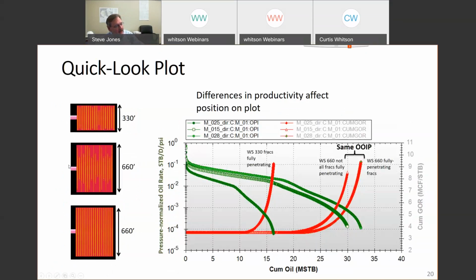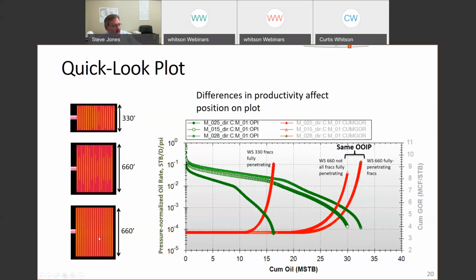So in these diagrams, you can see the well bore coming into the one stage I'm simulating. And then I have limited the well bore to halfway between wells. If you have two wells that are spaced 660 apart, then you can drain about 330 on each side of each well. So you have a total drainage width of 660. But in this middle case, you can see that the fracs don't go all the way to the edge of the drainage volume, whereas in the lower case, they do.